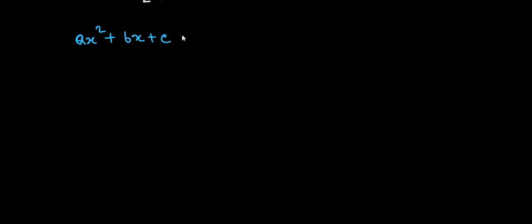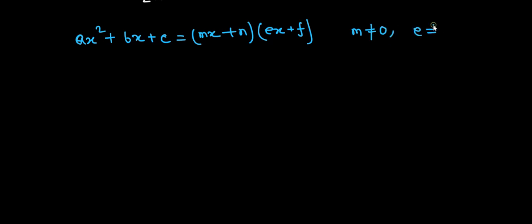Let me consider that ax square plus bx plus c is equal to mx plus n into ex plus f, where m is not equal to 0 and e is not equal to 0.